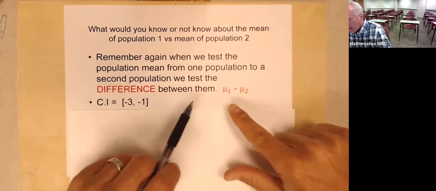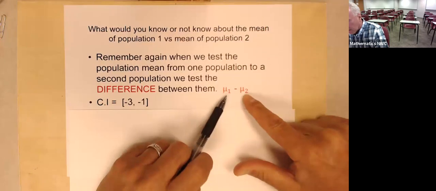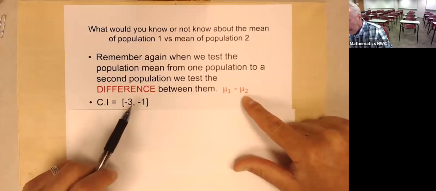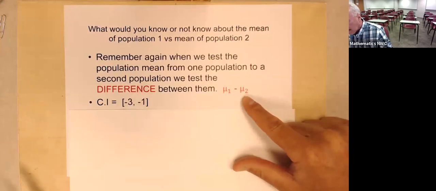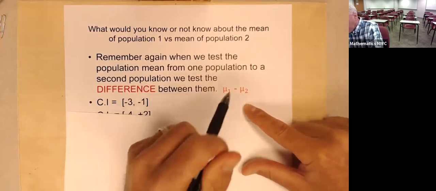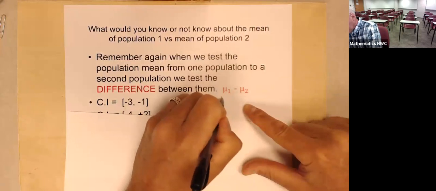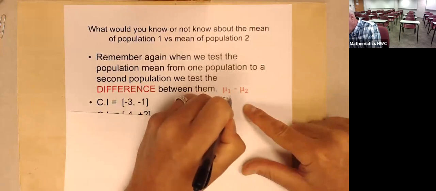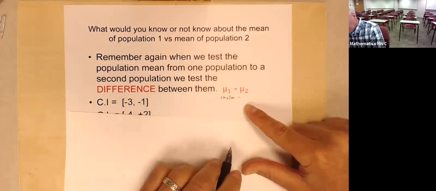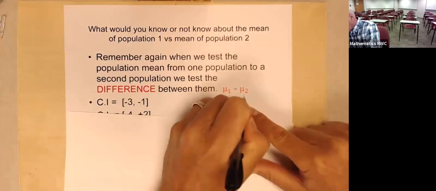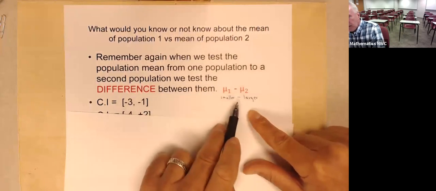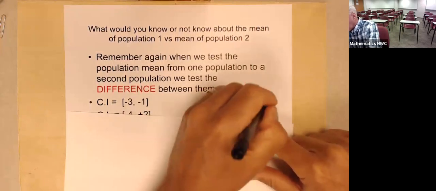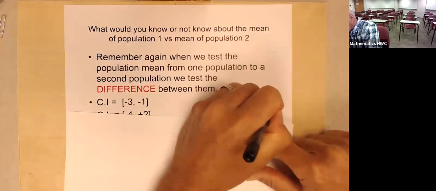Well, what does that mean in reference to the population? Well, for you to get a difference that's negative, the only way that can happen would be if the first number is smaller and the second number is larger. A smaller minus a larger would equal a negative number.